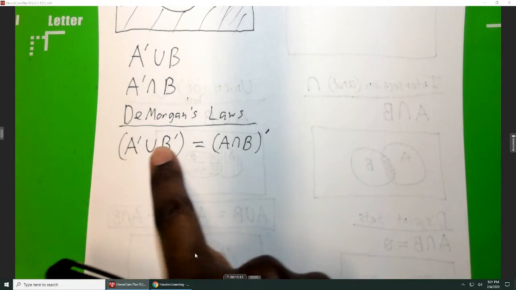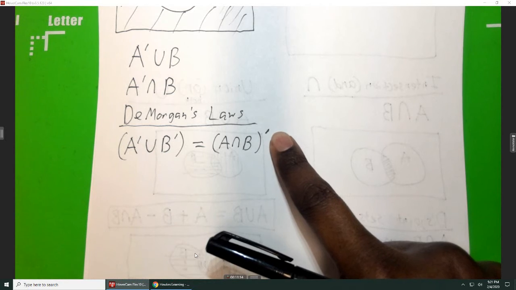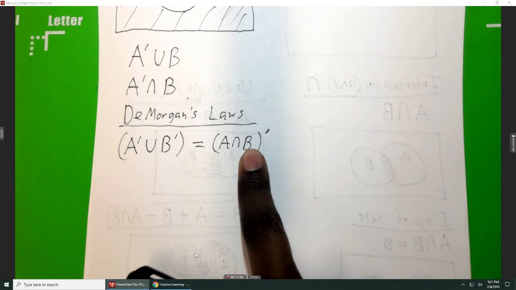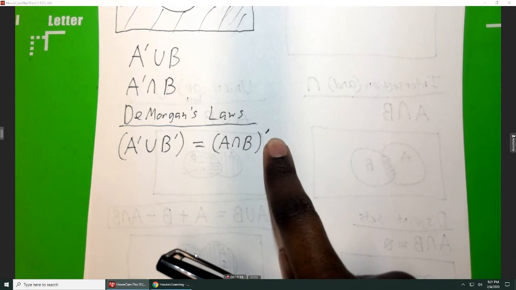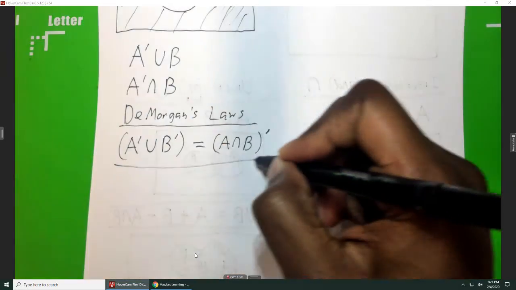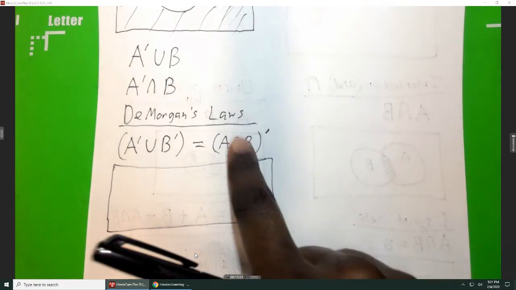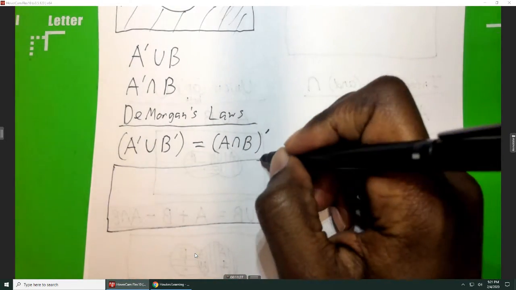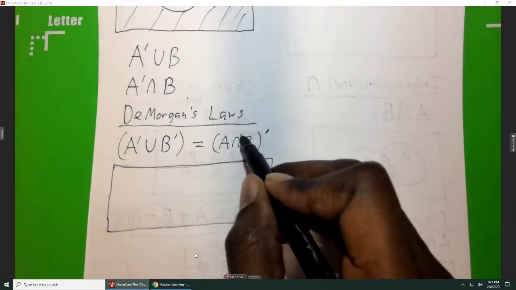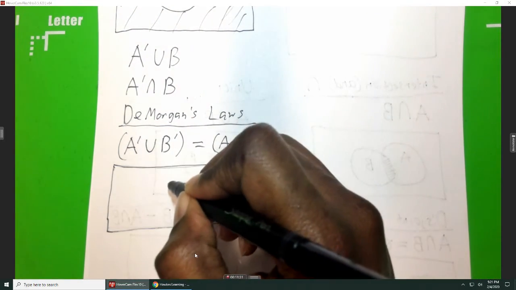It just takes that complement out of everything, puts it on the outside, and you just do the complement of A intersect B, the opposite of that. I think it's much easier to go through this than this, and I can show you both. A intersect B, okay.